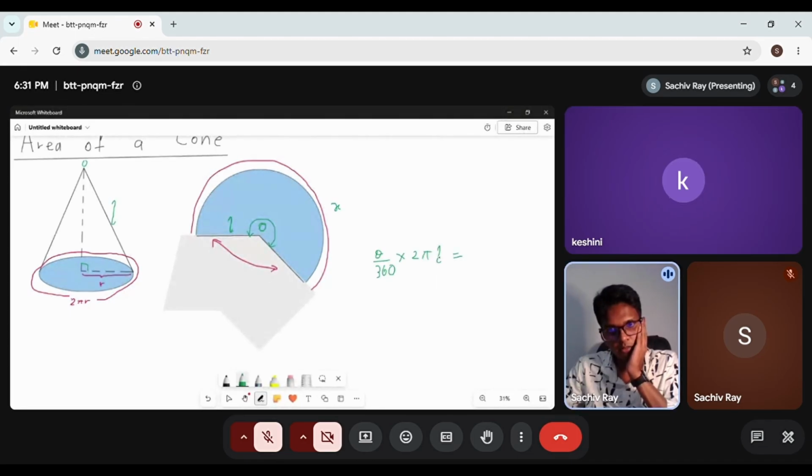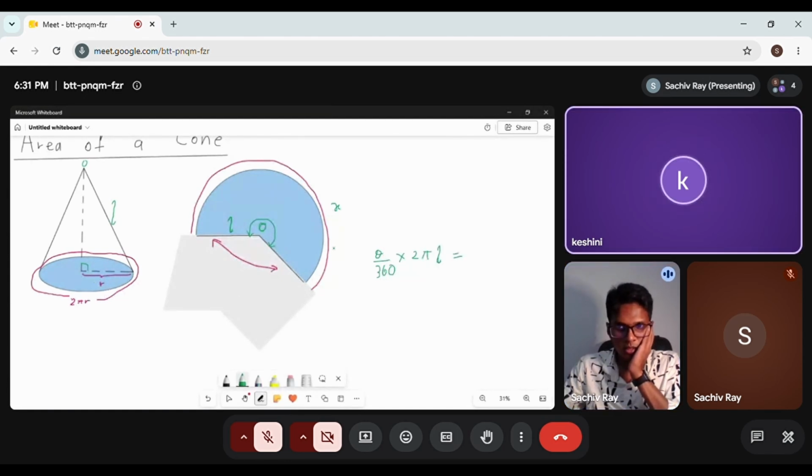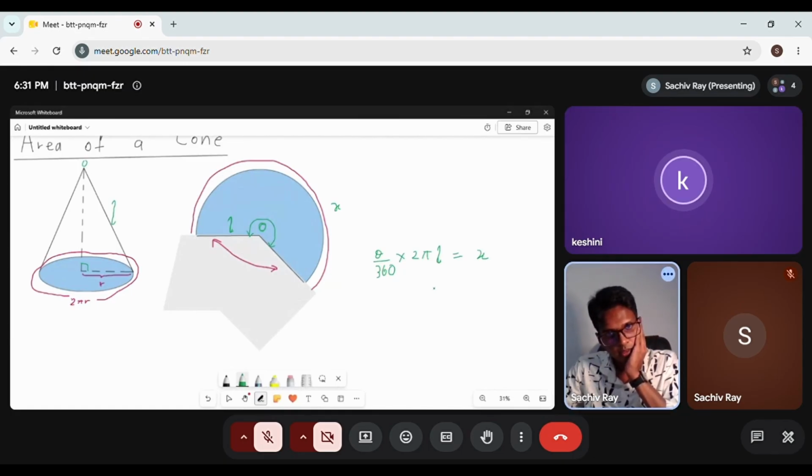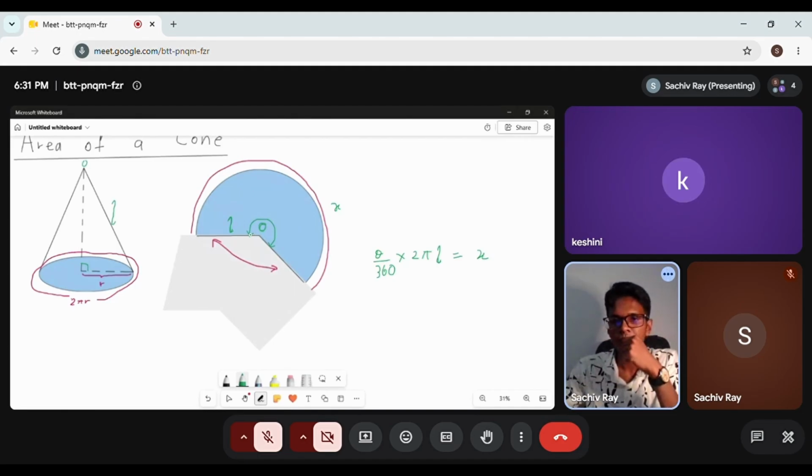So instead of r, we write what over here? L, because r is already taken on this side. That will be equal to x, right? Is that clear? Yes, sir. So L is the r actually, and that's going to be equal to x.